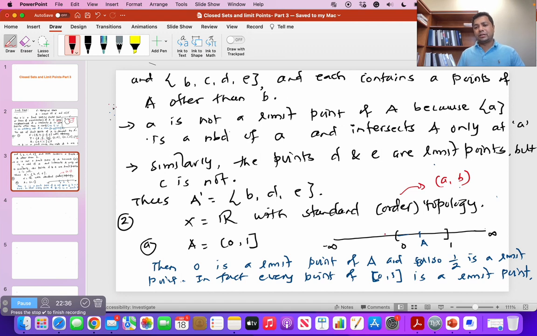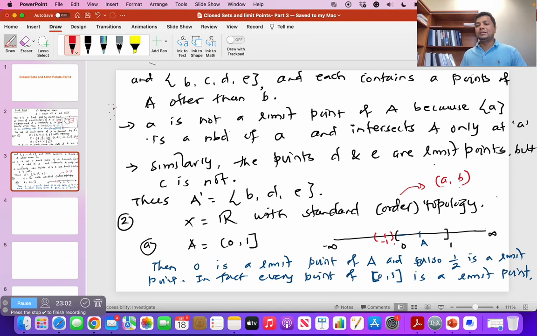Something like this here. Let's say this point is -1. This point is going to be a limit point of A if every neighborhood of -1 intersects A at some point other than -1. Now here we can easily find a neighborhood of -1 which does not intersect A at all.